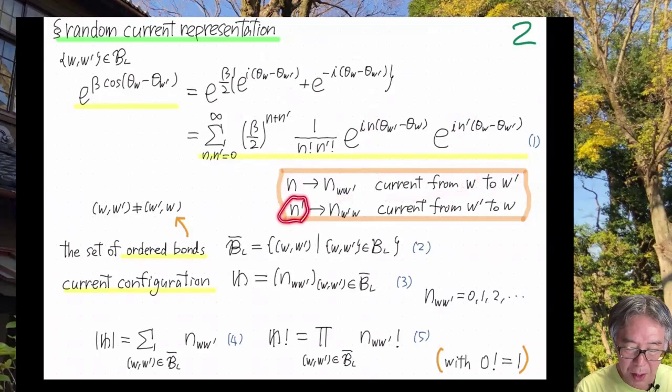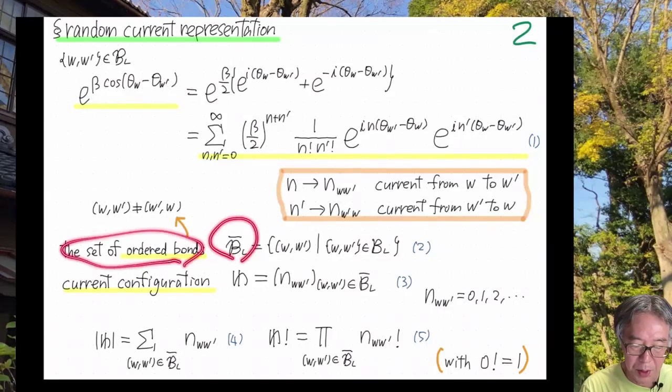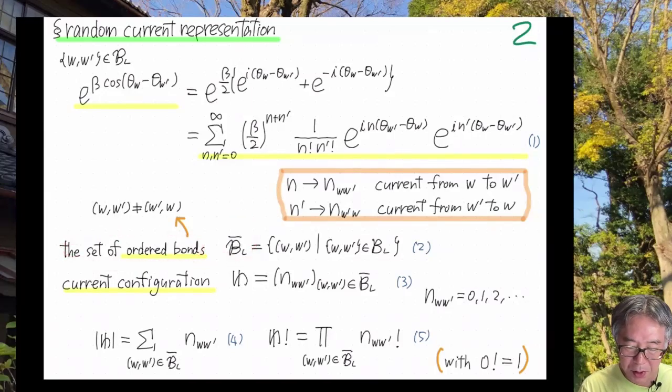And then I write n prime as n W prime W, and interpret this as current from W prime to W. Now I have to distinguish between W W prime and W prime W, and so I introduce the set of ordered bonds, B bar. This is basically the same as this, but twice as big.